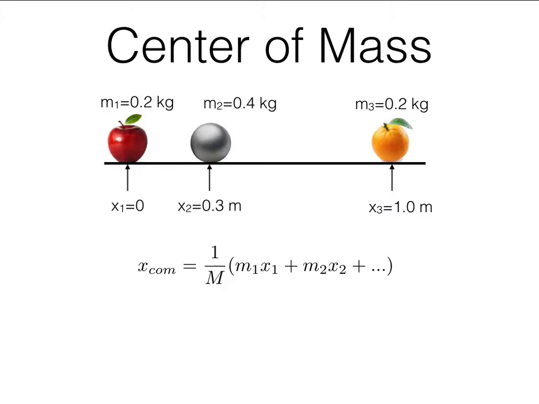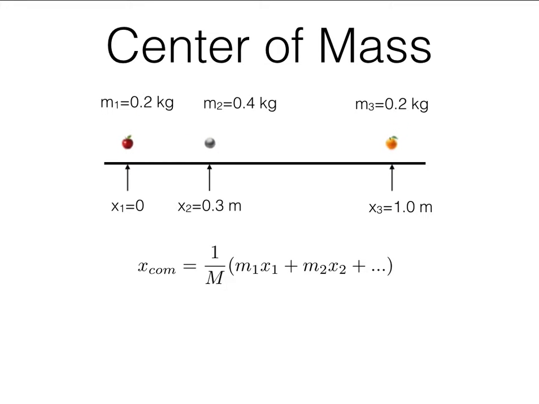I just want to mention one last thing before I proceed, and that is that you may have noticed that the mass of each of these objects is not located all at a single point. For example, the apple is an extended mass itself, and not all of the mass in the apple is located right at x equals 0.